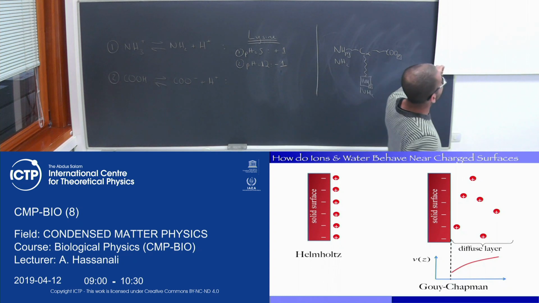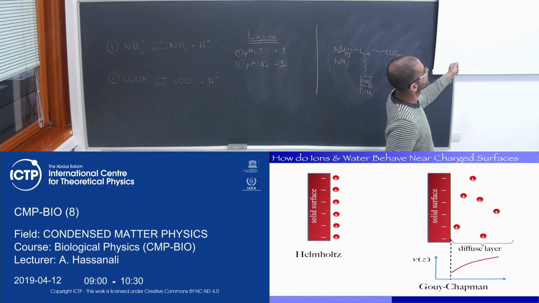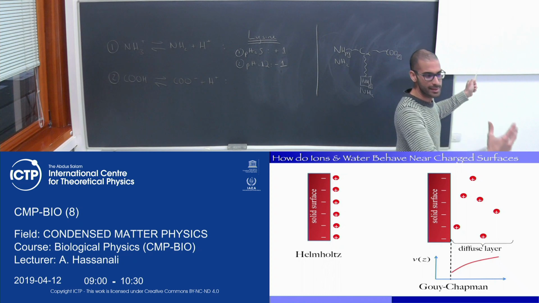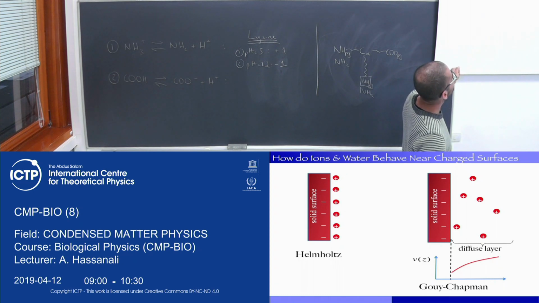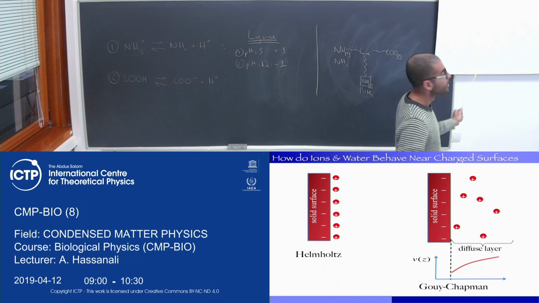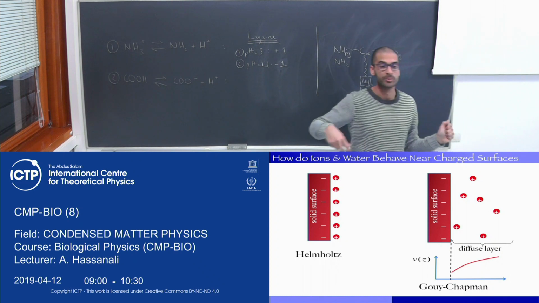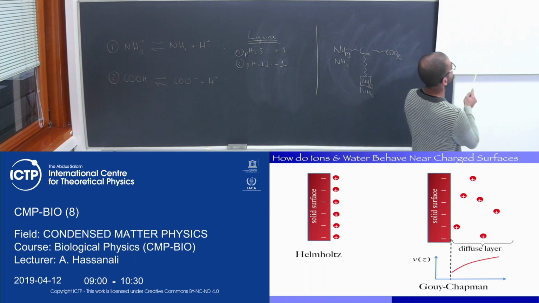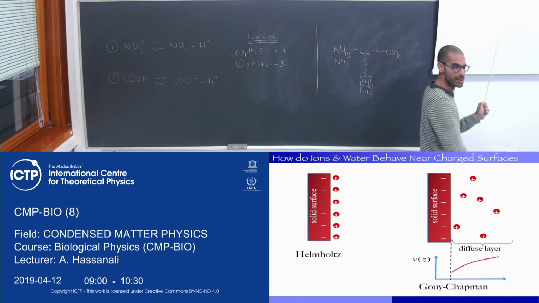It's a very simplistic picture that neglects the solvent, but it's a way to think about how ions would layer near the charge. So in this case, if you would look at the ion distribution, you'd basically have something like a delta function near the surface, and then that's it.